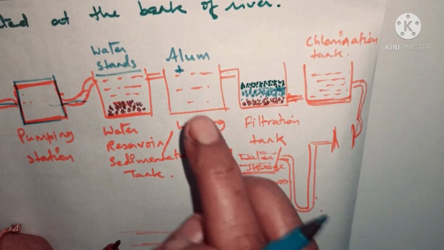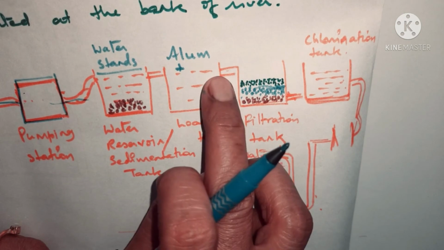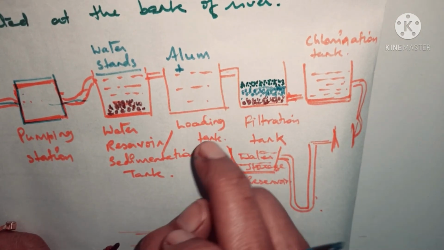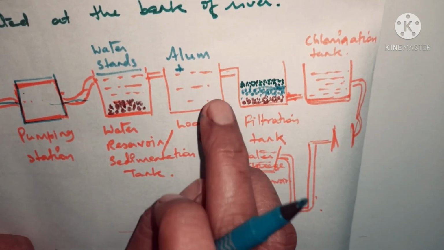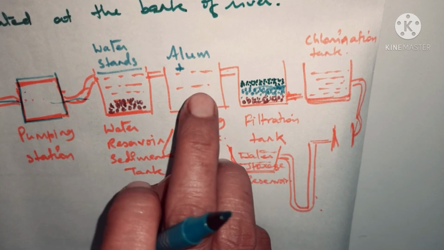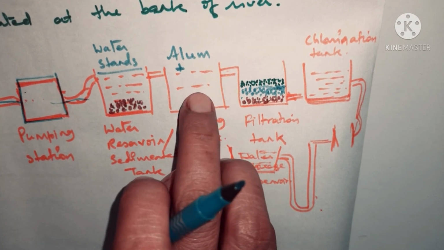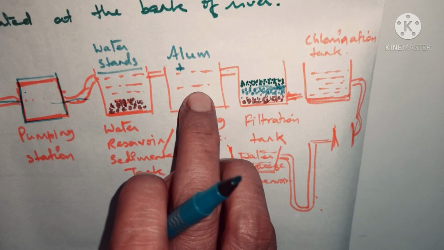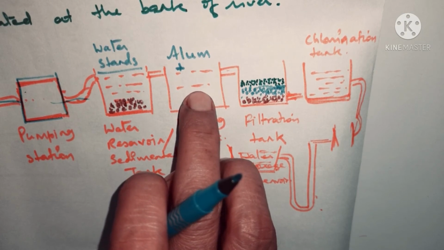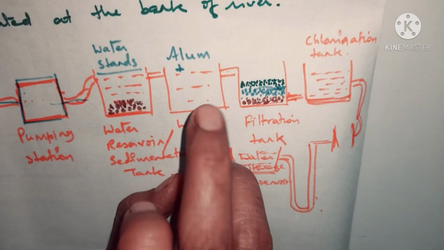In which of the tanks is alum used? It is in the loading tank. Alum, fitkari in Hindi, is used in the loading tank, where the heavy particles of dissolved alum deposit on the suspended clay particles in water.